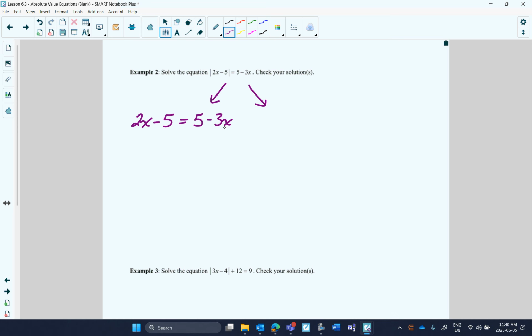You got to be careful here. 2x minus 5 is then equal to the negative of this side. What's the negative of 5 minus 3x? Negative 5 plus 3x. Excellent. Because the negative has to apply to everything.